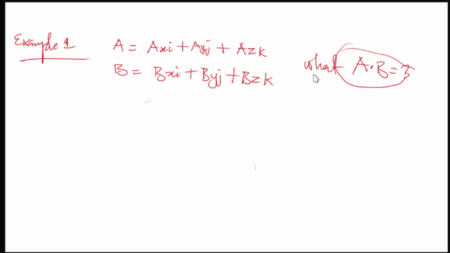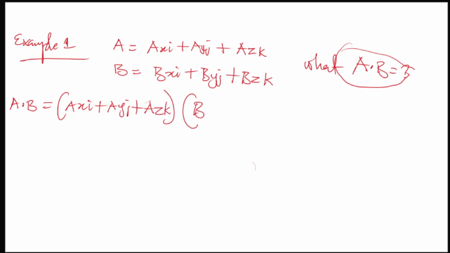Now let's go there. Let's say we have two vectors, A multiplying another vector, B, using the form of the scalar product. If we have this, how do we go about it? This is simply telling us that we have AXI plus AYJ plus AZK multiplying BXI plus BYJ plus BZK.